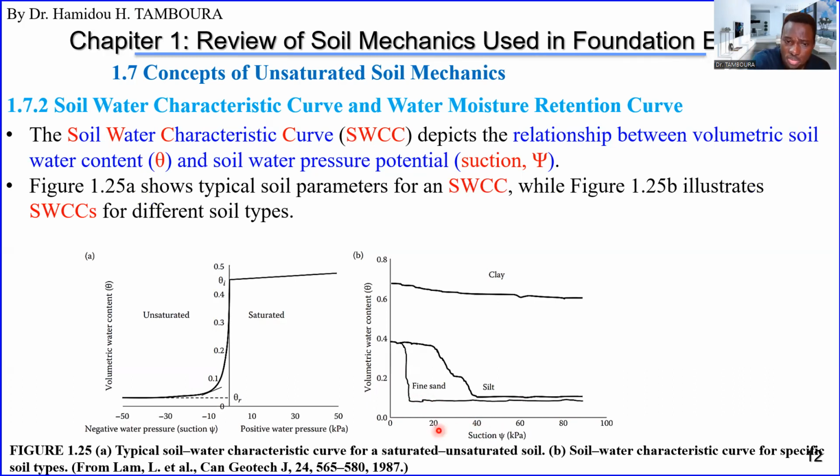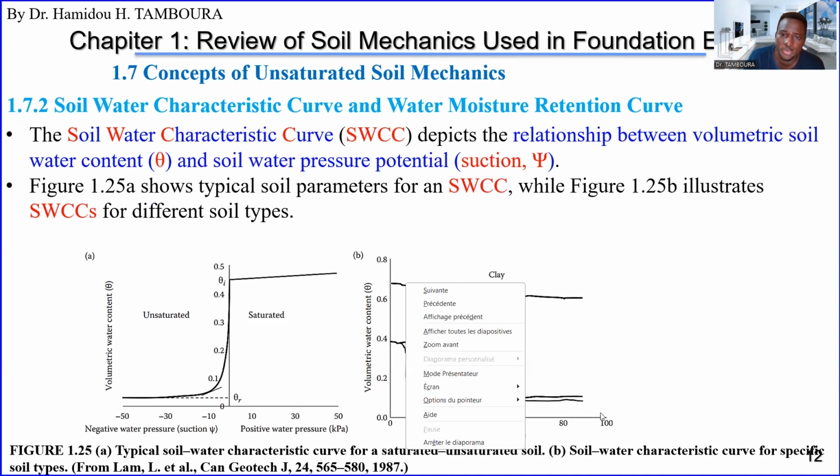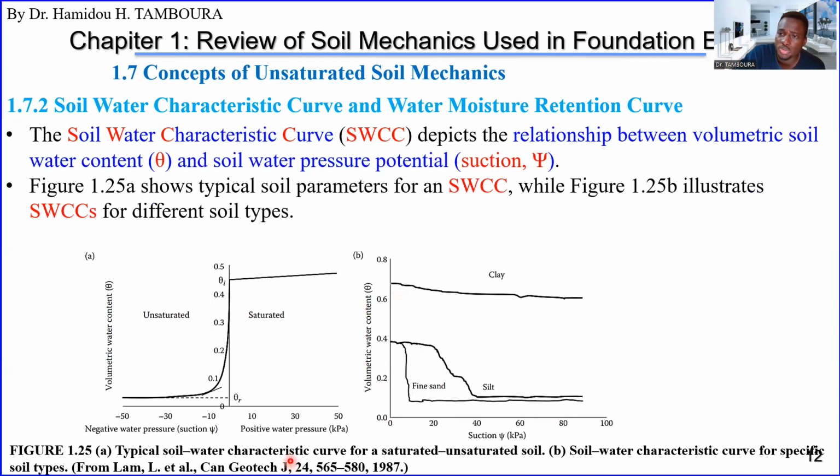Okay, according to the suction changing from 0 to like 800, and how the volumetric water content is related to that suction, that will give you the SWCC. Okay, so this is the soil water characteristic curve.